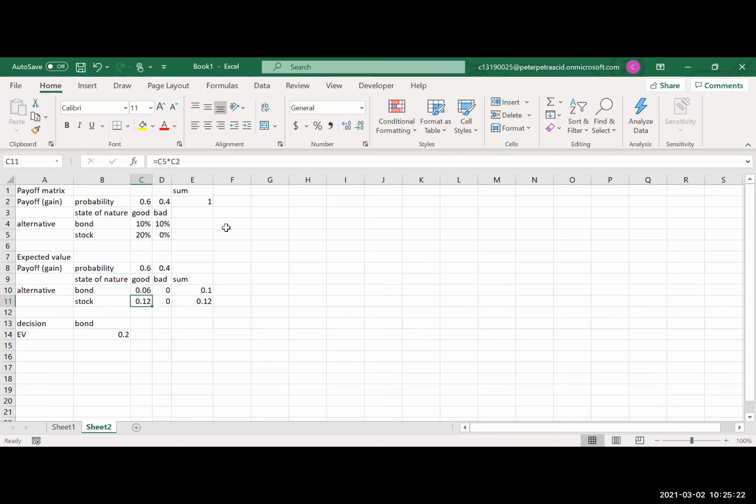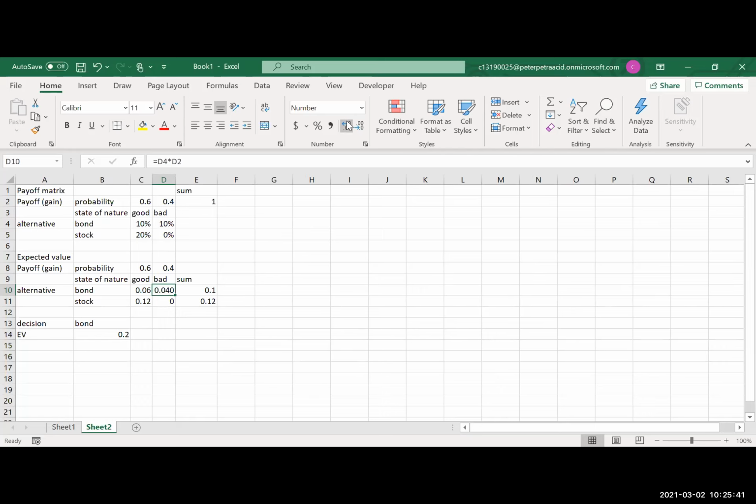In D10, the bond formula, D10. We use 0.4 times 10%. How come we get the result equal to 0? Oh, okay. Probably you need to change the decimal point in E.